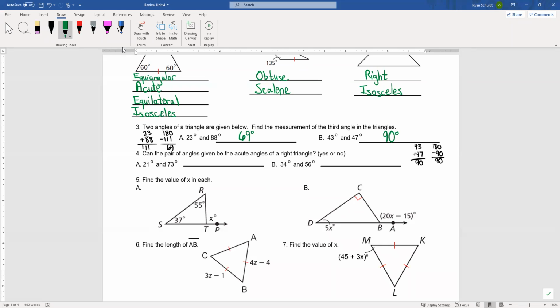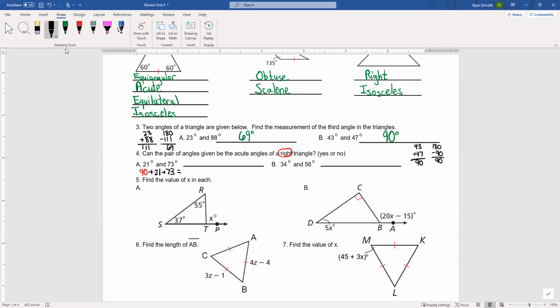Number 4, can the pair of angles given be the acute angles of a right triangle? Yes or no? Well, they're telling us this is a right triangle, which means each of these triangles will have a 90-degree angle. So I can add up these angles: 90 plus 21 plus 73.